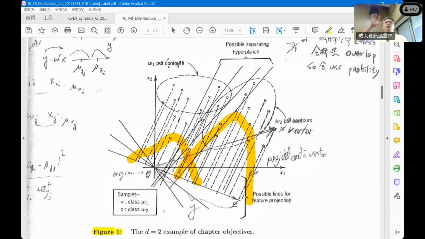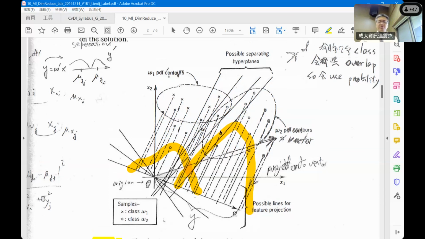So originally it is 2D, and we project to W. The Gaussian from the higher dimension, when projected to a lower dimension, is still a Gaussian distribution. So if we find the mean average value here, suppose the average value is here and here.